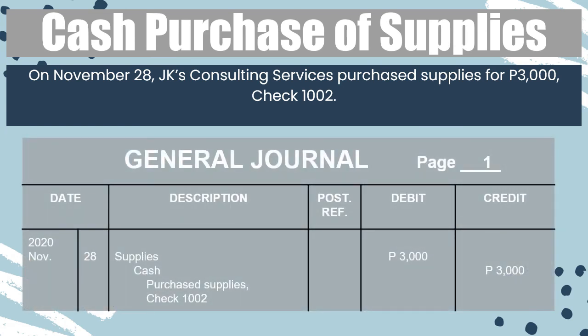So, supplies under ng debit amounting to 3,000 pesos and cash naka-indented, may indention. So, cash under ng credit which is 3,000 pesos. So, the simple explanation here is that purchased supplies, issued check 1002.